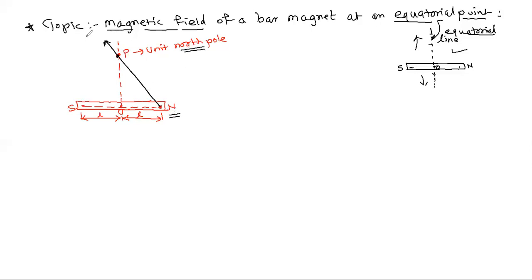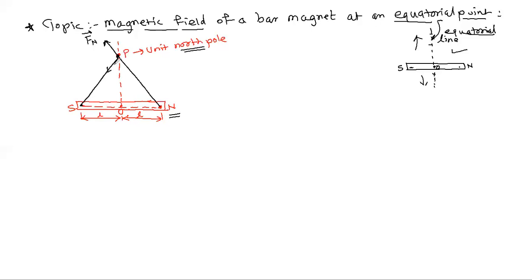So the repulsive force, that is suppose force due to the north pole, is in this direction. And the force due to the south pole will be here in this direction, that is from S to P. Here the direction is from N to P. Here the direction is from S to P. So I can draw like this.